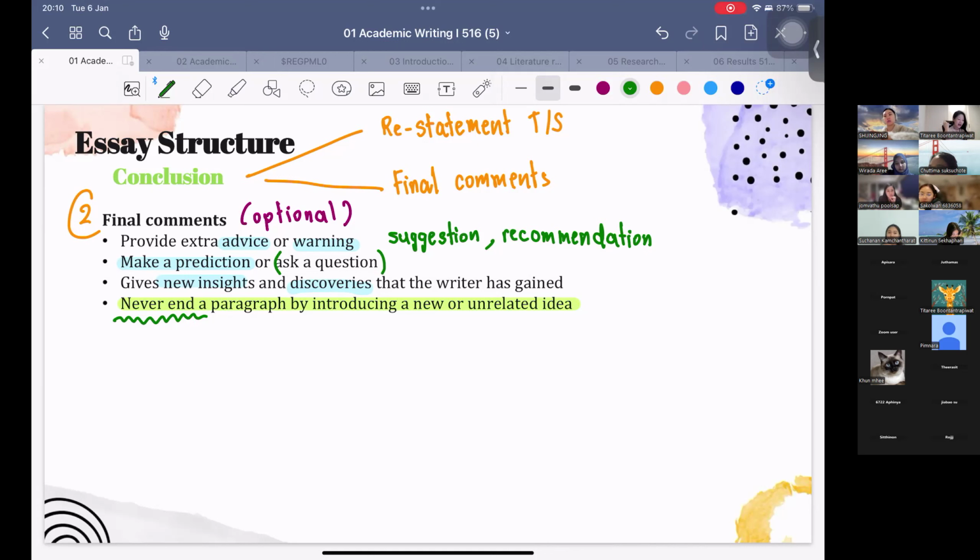Next, another option for the final comment would be to give an insight or discovery. That means if you write an essay about a topic that you can relate to, like traditional school, because you went to traditional school, you can share your experience.